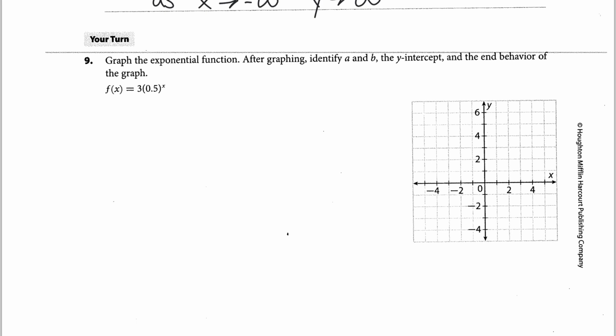A half times 3 would be 1.5. And then 3 times 0.5 to the second power. If you do a half to the second power, that gives you a fourth. A fourth of 3 would be 3/4, or 0.75. And now we need to graph them.